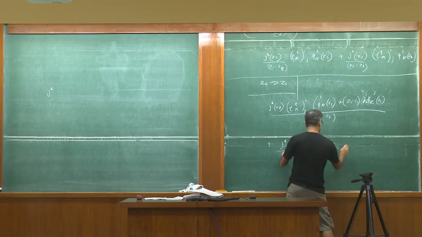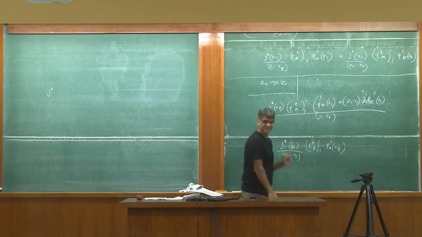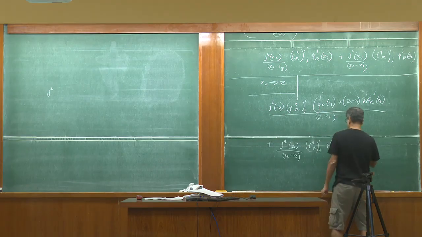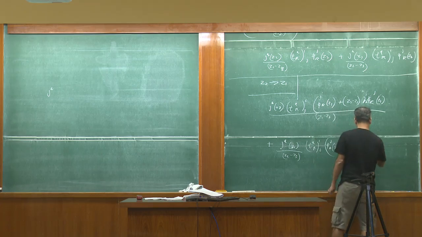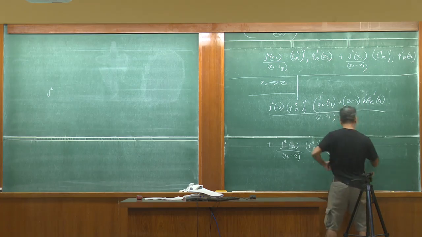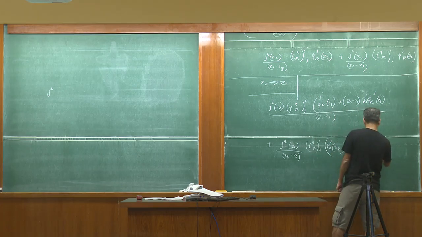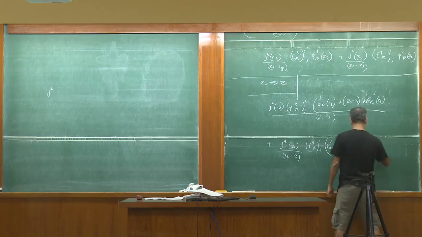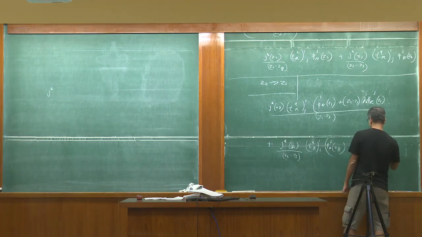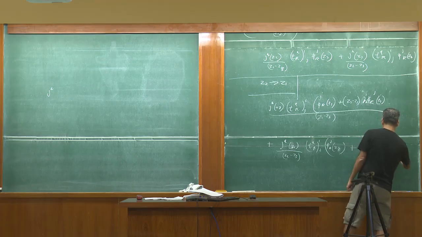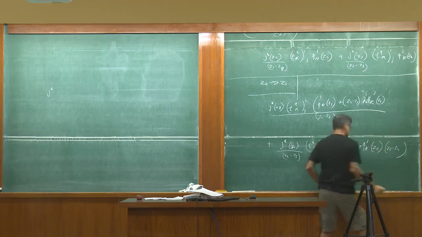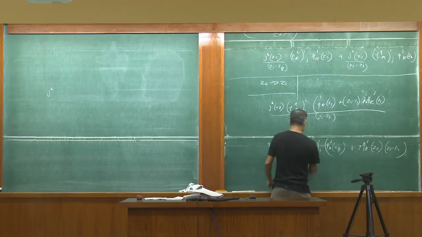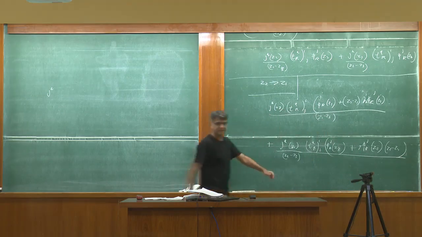No, let's Z2. This time we'll do 2. Plus phi J of R into del Z, Z2 into Z3 minus Z2. This whole thing is divided by Z2 minus Z3.